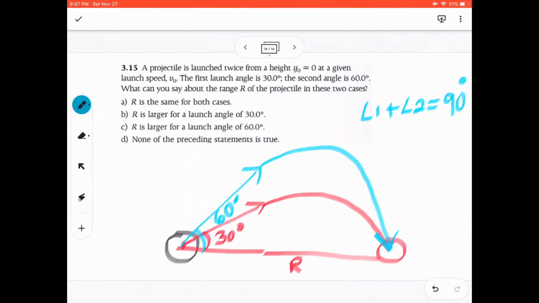As long as the initial velocity is the same, the range will be equal. So the answer for this is letter A. R is the same in both cases.